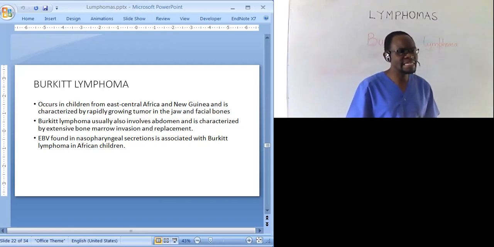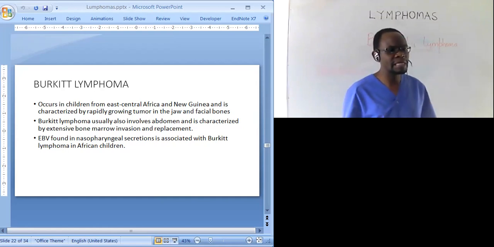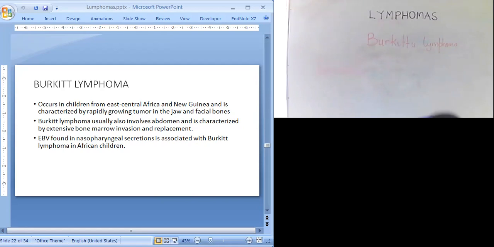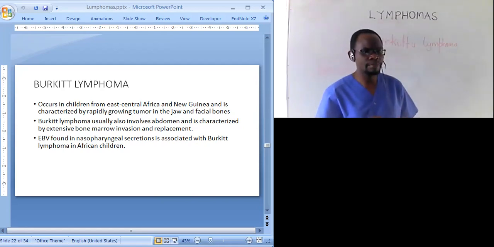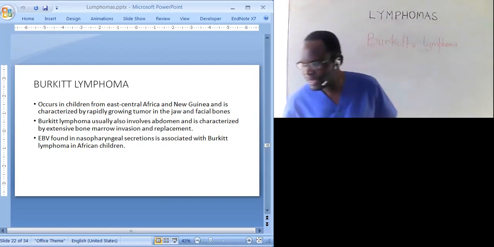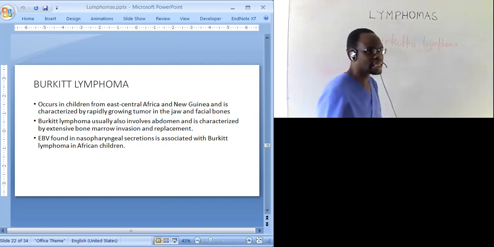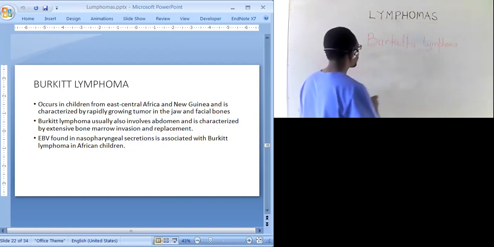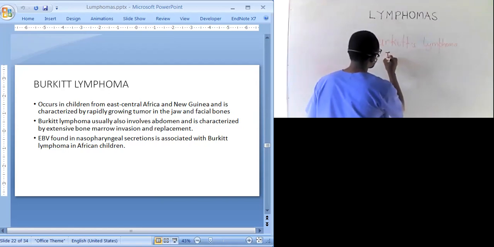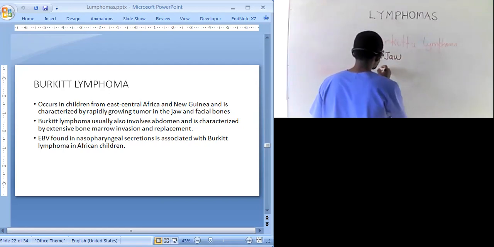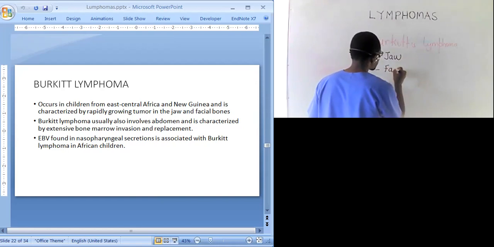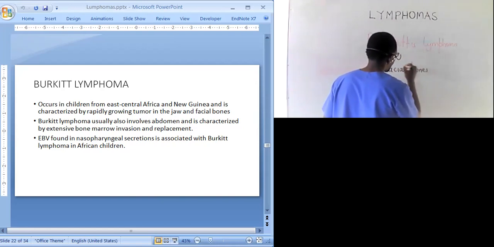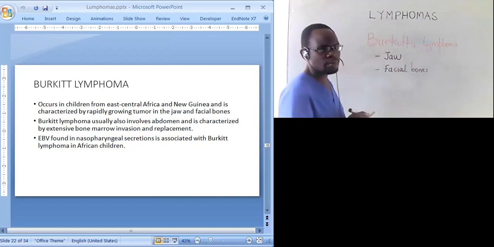It is basically characterized by a rapidly growing tumor of the jaw and facial bones, as we are going to see in the diagram.